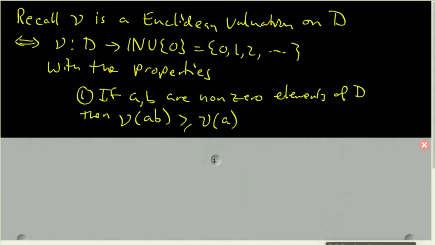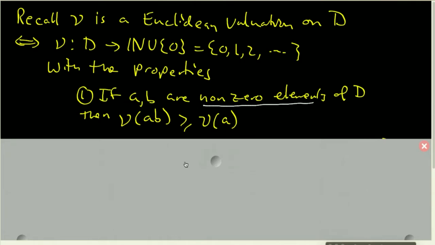The first property is that if a and b are non-zero elements of my domain, then nu of their product has to be bigger than or equal to nu of either of the factors. So nu of AB has to be bigger than or equal to nu of A, and it also follows that nu of AB will also be bigger than or equal to nu of B.